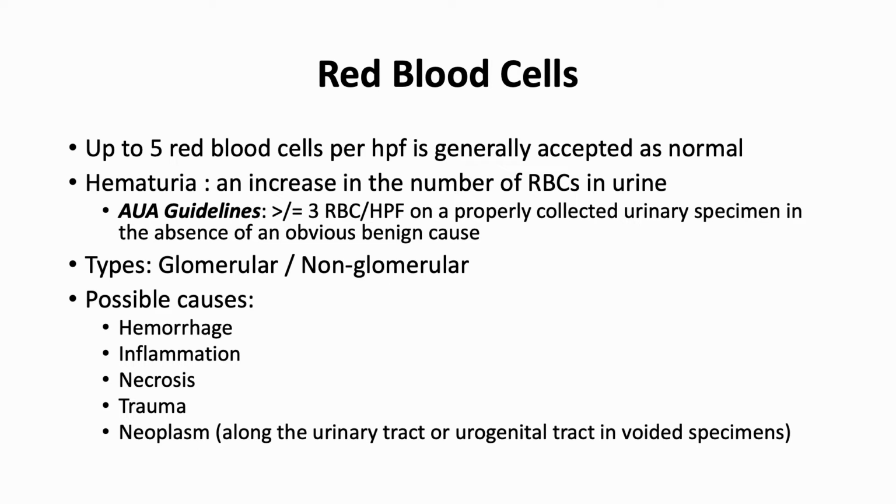According to the American Urological Association guidelines, more than 3 red cells per high power field on a properly collected specimen in the absence of a benign cause is indicative of hematuria, and it can be classified into a glomerular or non-glomerular type in reference to the presence of dysmorphic and isomorphic cells respectively. The possible causes of hematuria include hemorrhage along the urinary tract, inflammation, necrosis, trauma, and even neoplasms along the urinary or urogenital tract in voided specimens.